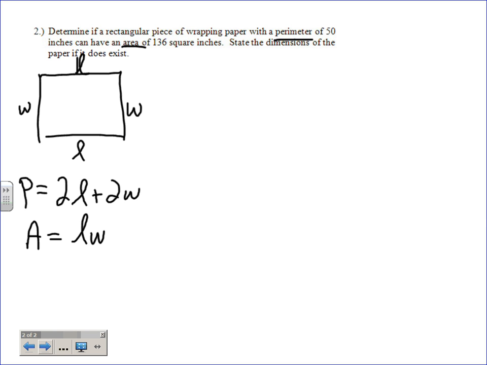We also know in this problem that we want this formula to end up equaling how much? 50, right? Because it says the perimeter is 50. And we would like this other formula to end up equaling 136. So basically, I replaced the P and the A with what they should be.